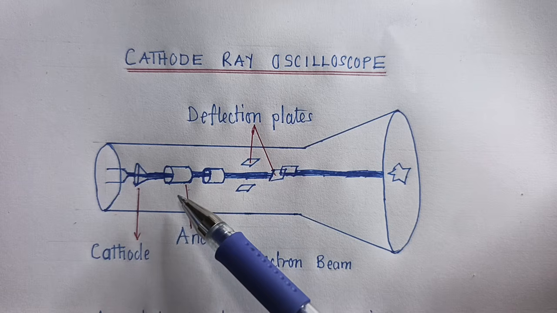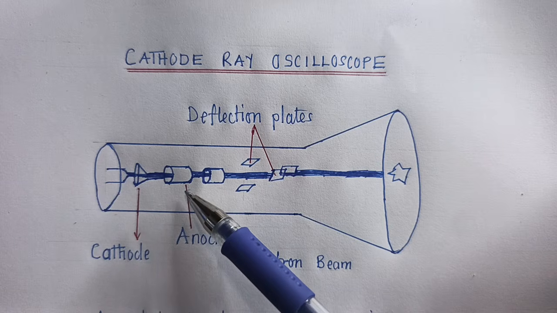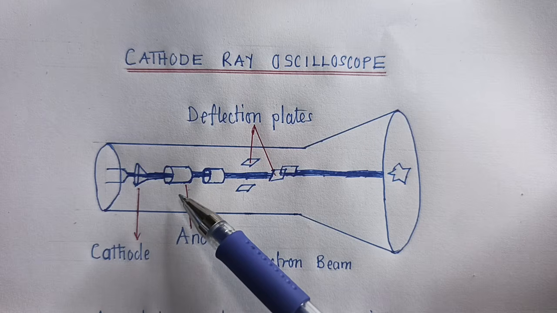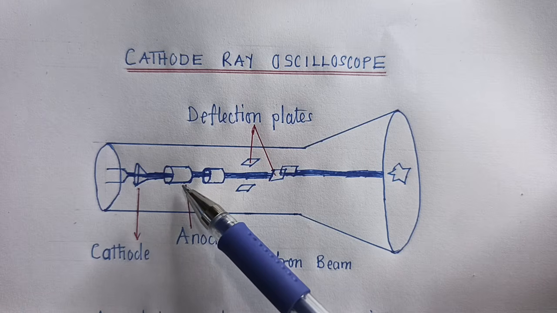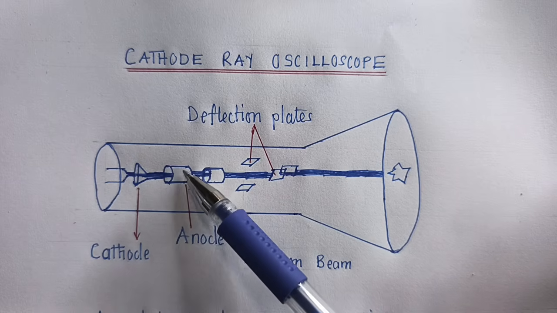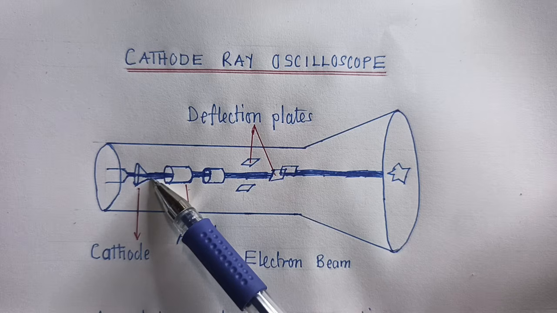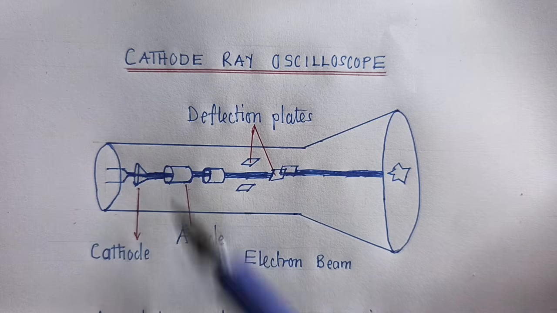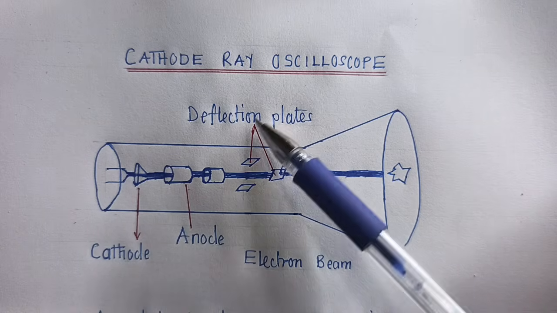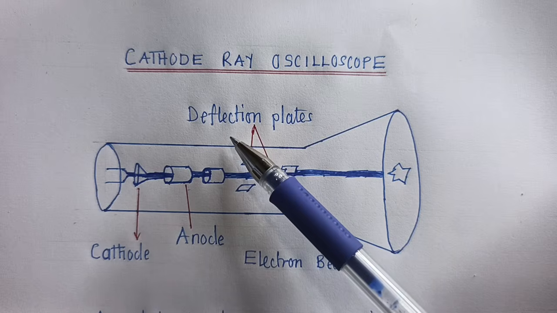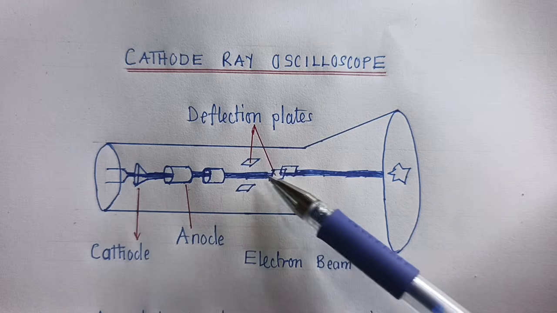In case you're asked what is the function of this anode, you can simply say it accelerates and focuses the electrons. When we say it accelerates, it's because it is positively charged and the electrons are negatively charged, so they are accelerated by this anode. And you can see right here we've got what we are calling deflection plates.